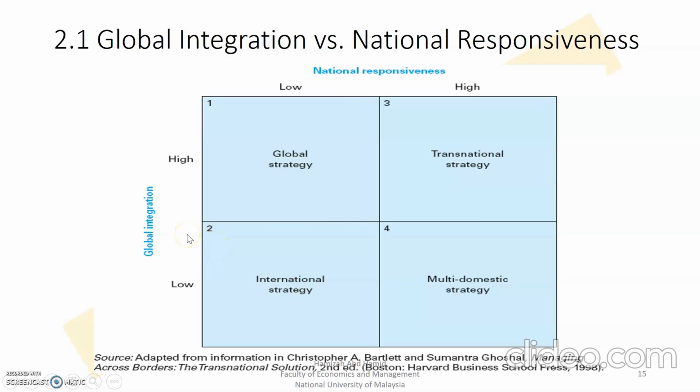If the pressure for global integration is high and the pressure for national responsiveness is high, the company may choose transnational strategy. If the pressure for global integration is low, but the pressure for national responsiveness is high, the company may choose multi-domestic strategy. We will discuss them one by one.